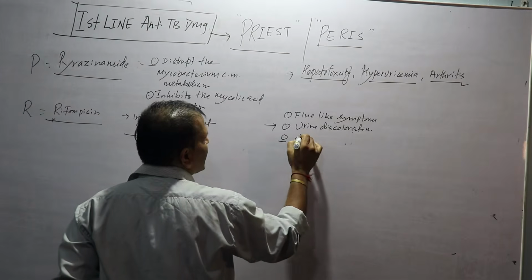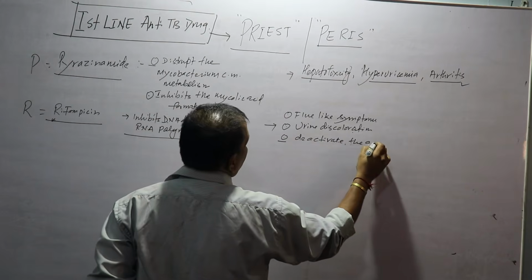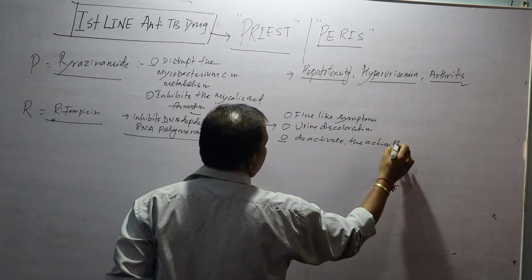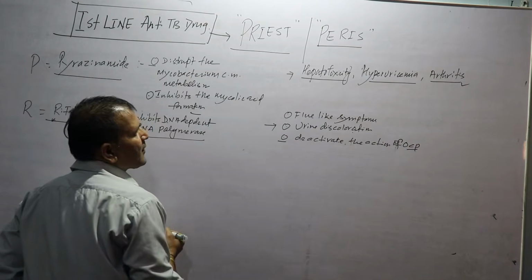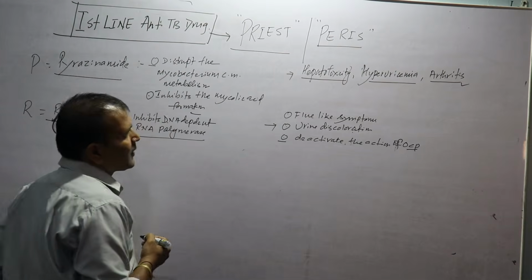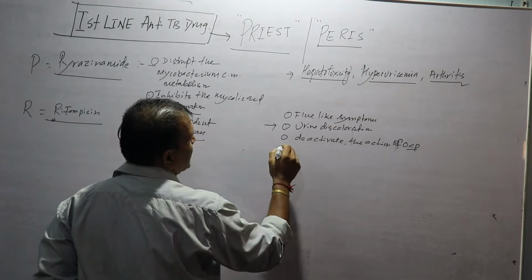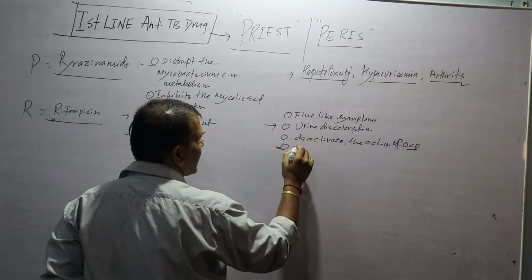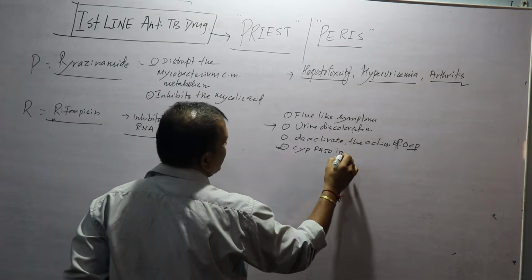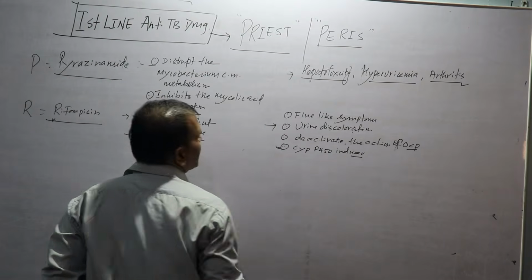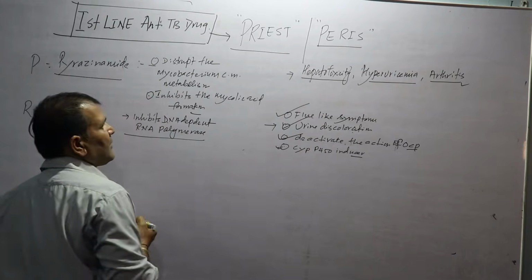It also deactivates the action of OCP, which means a person taking OCP should not be given rifampicin. It is also a cytochrome P450 inducer. So the common side effects are flu-like symptoms, urine discoloration and OCP inactivation.